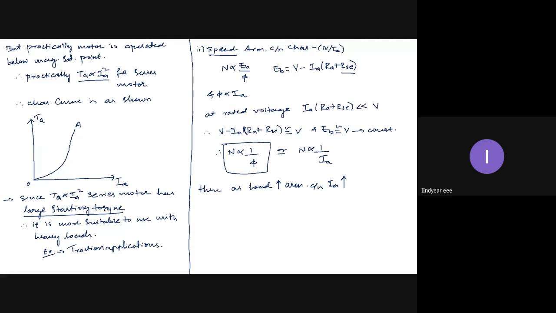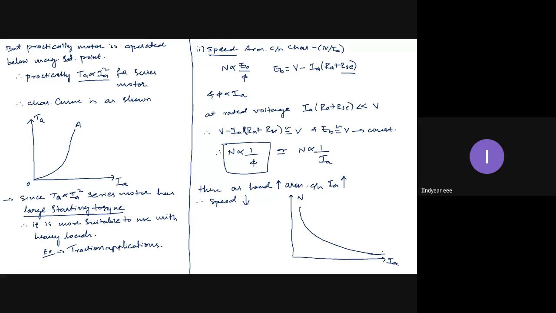Therefore, speed decreases. So when we plot the characteristic, this is IA, this is the speed. The characteristic comes like this. It decreases, and once magnetic saturation occurs, it will remain constant after that, like this.